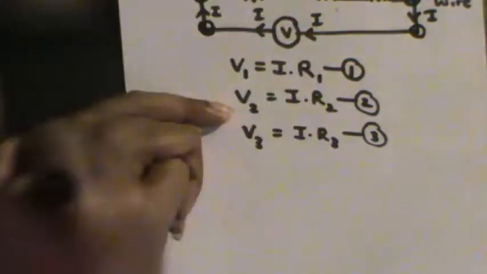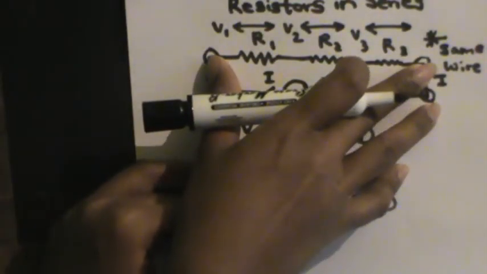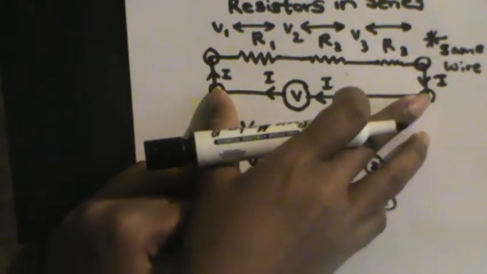The potential difference across these 2 points should be equal to the potential difference across these 2 points. So V should be equal to V1 plus V2 plus V3, or conversely V1 plus V2 plus V3 should be equal to V.